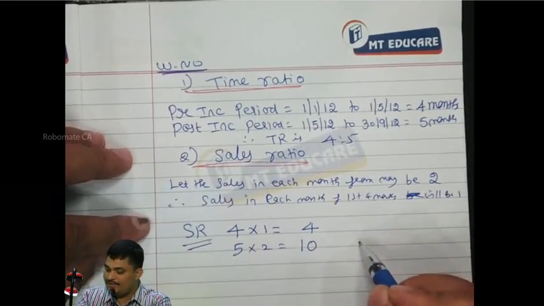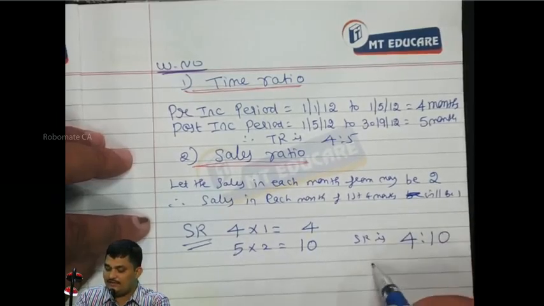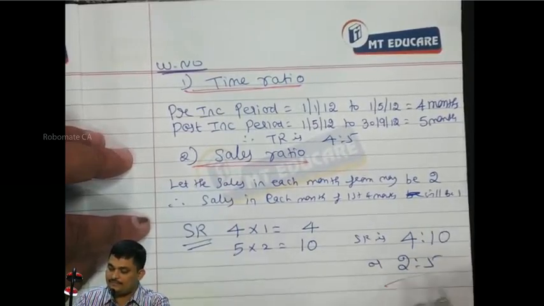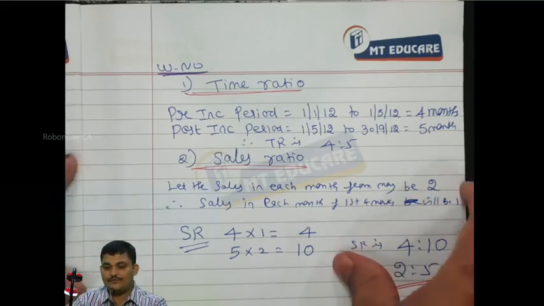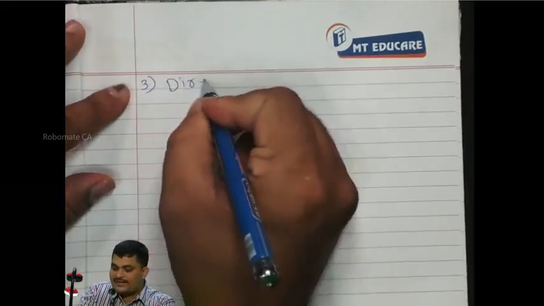So thereby the sales ratio is 4:10, 2:5. So the time ratio is 4:5 and the sales ratio is 2:5. Understood? Now proceeding. Director's fees.